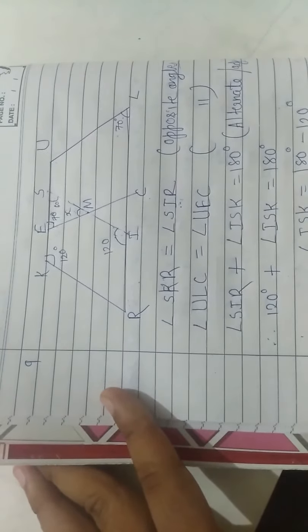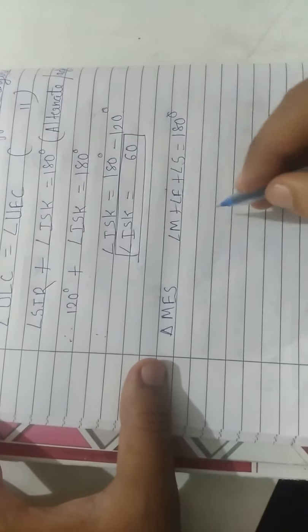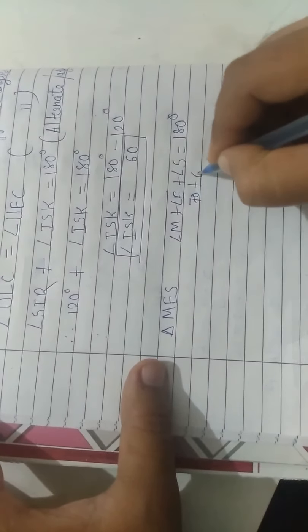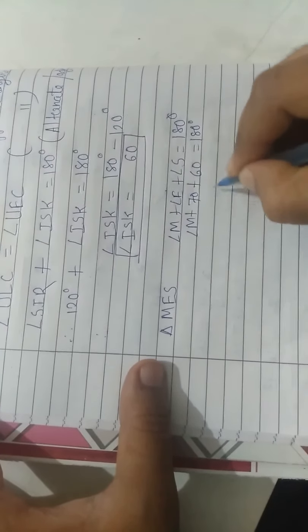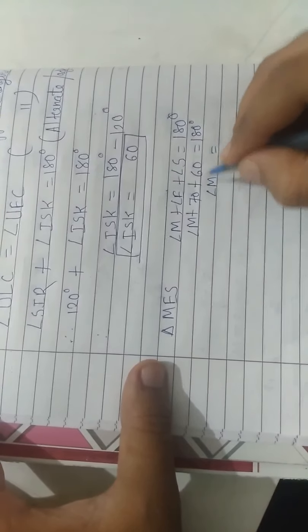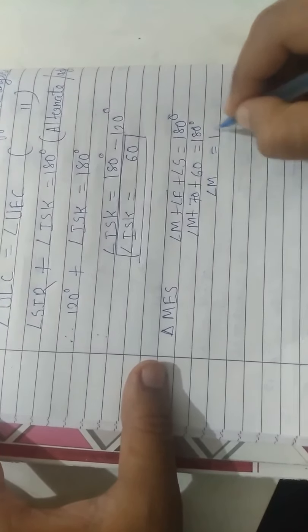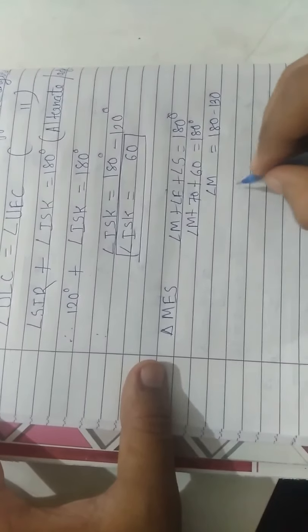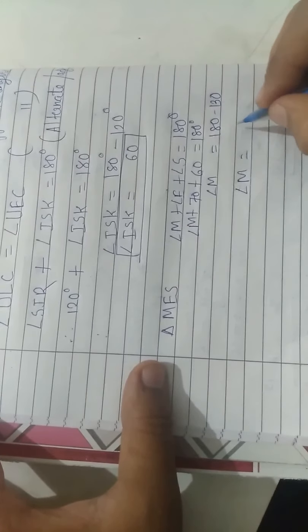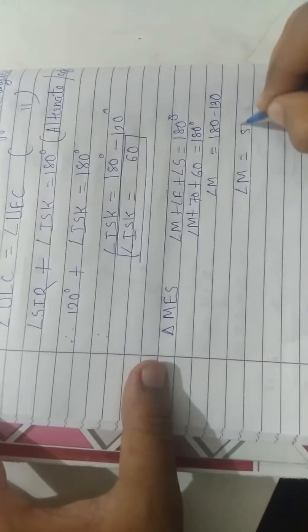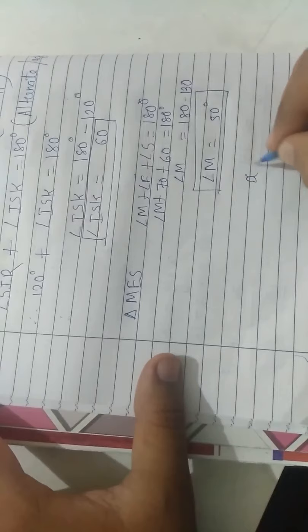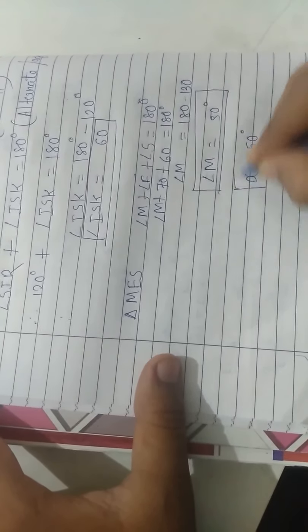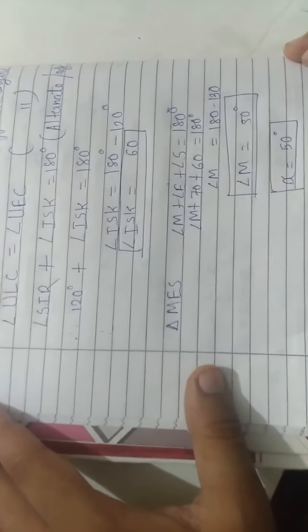Okay, angle E is 70 and angle S is 60, angle M, 70 plus 60 is 130. 130 moves to the right hand side, so it becomes minus 130. So we got the value of M, 180 minus 130, so 50 degree. So angle M is 50 degree. So x is equal to 50 degree. So this way we can solve for x. We got the value of x.